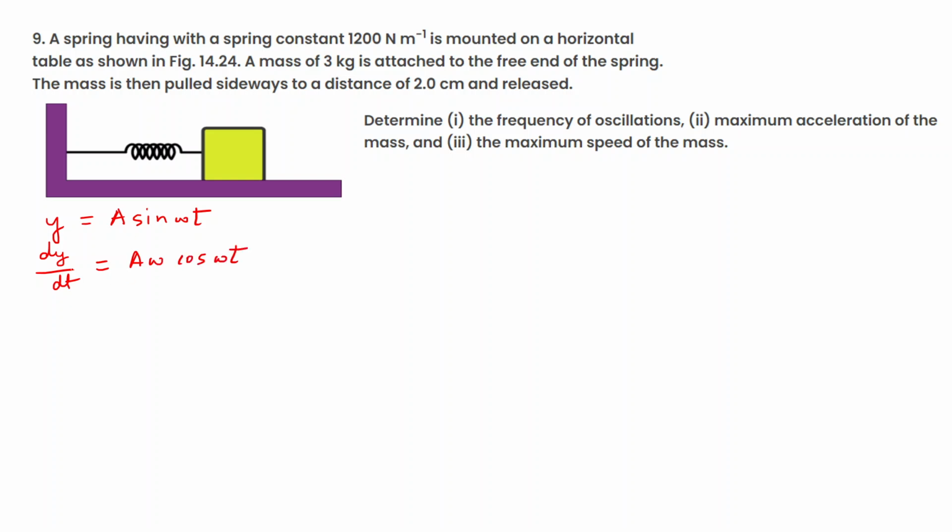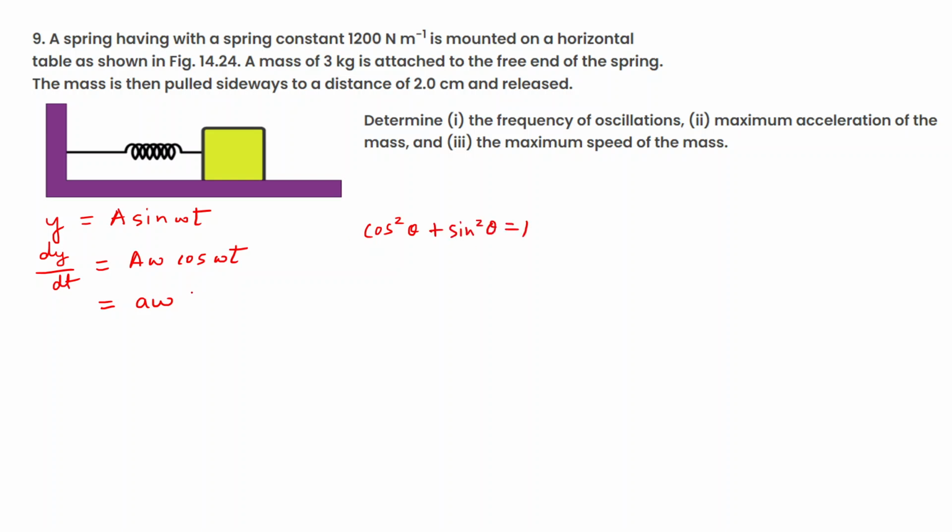Now we know cos square theta plus sine square theta is 1. We know this identity, right?